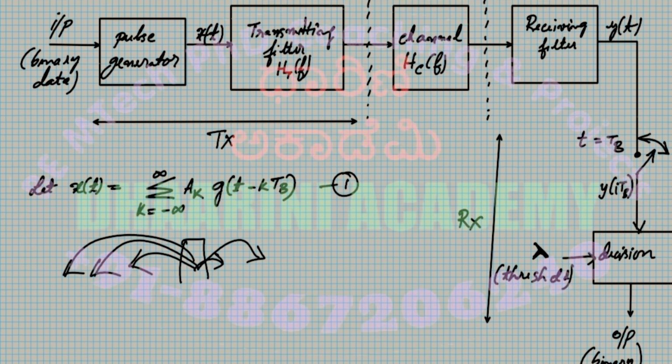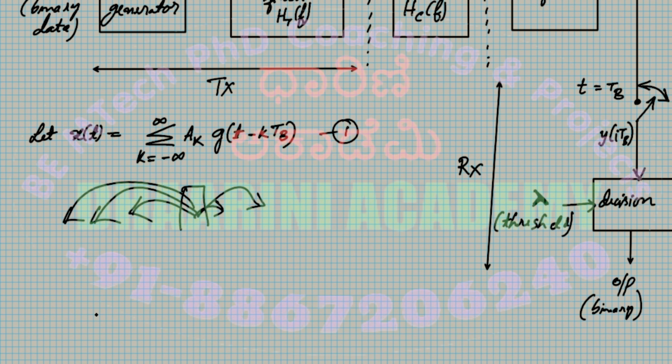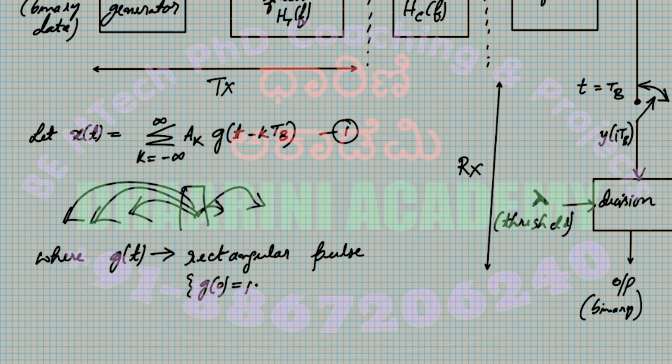So I have to specify what my variables are. So let me write that. What is g of t? As I told, it is the rectangular pulse, right? So normally there will be a condition like I always use g of 0 equal to 1. At the center, I have to keep it as 1.